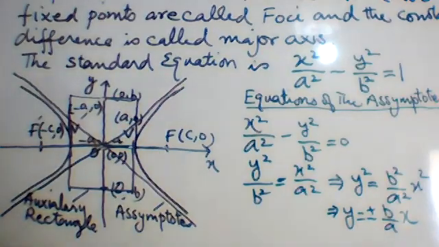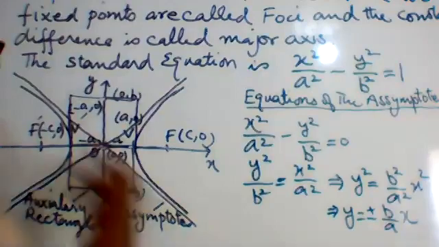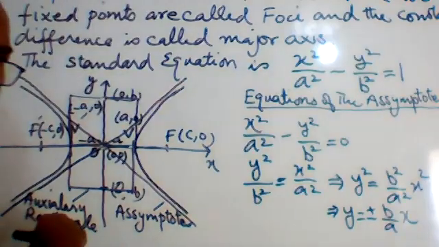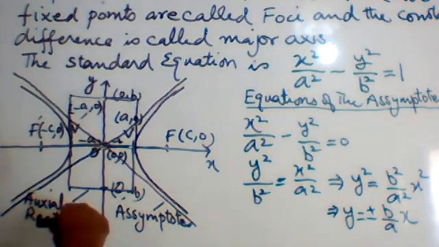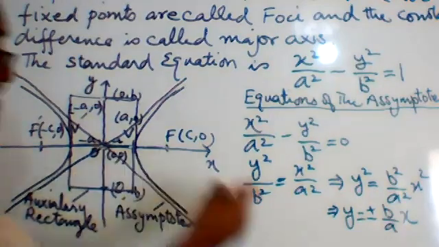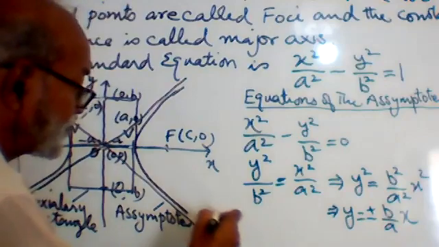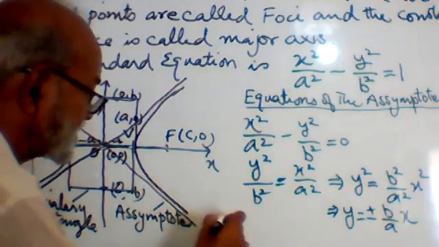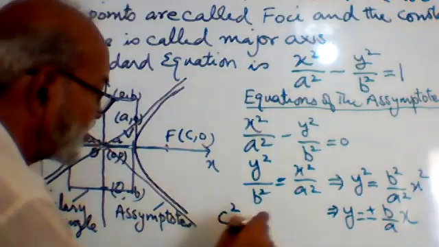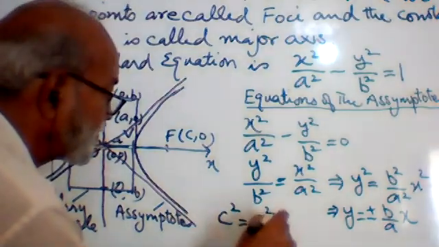The relation between a, b and c will be a square is equal to c square minus b square, and c square is equal to a square plus b square.